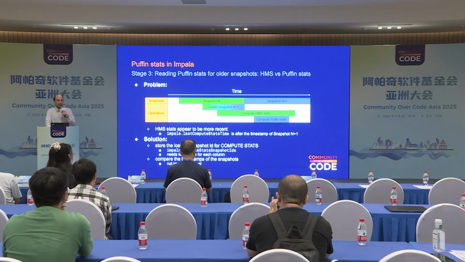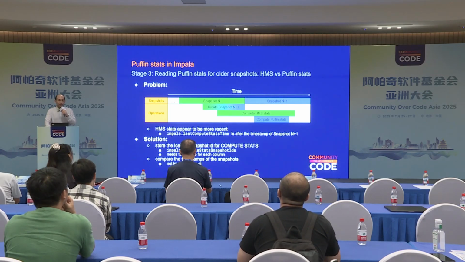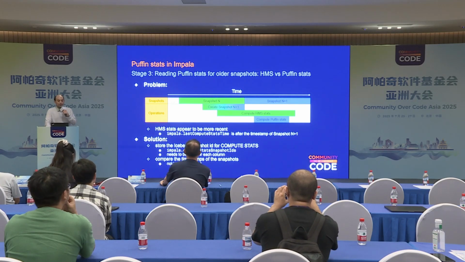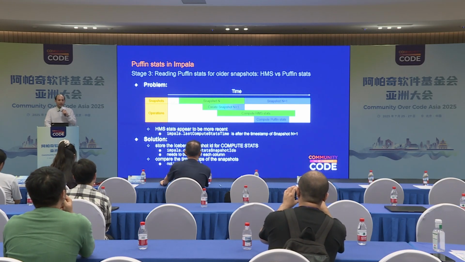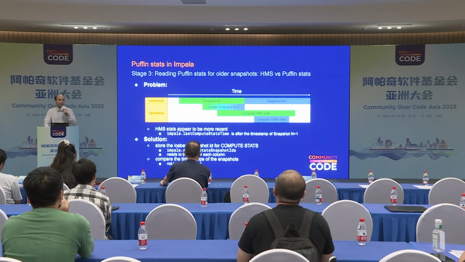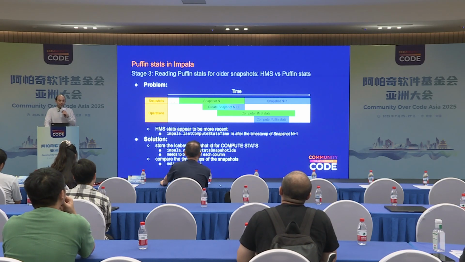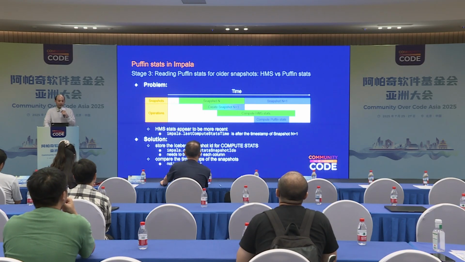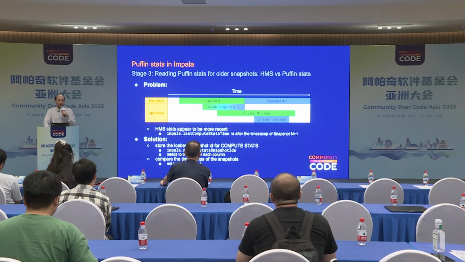Imagine a situation where we originally have a snapshot n, and there's an ongoing task that's producing snapshot n+1, for example, inserting data. Before this new snapshot is committed, we start computing HMS stats. Again, we don't need to worry about data corruption because it will be based on snapshot n, so no problem there.